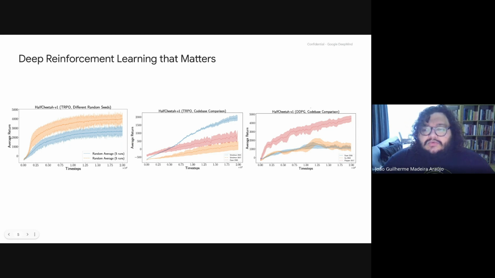The code base, okay, what are the code base changes? Literally different. So when you release a paper, sometimes you open source the code. These are 2 different papers, 2 years apart, by the same people, or at least the same first author. And they release the code for each one of those papers. And if you use TRPO from one of the papers and TRPO from the other code base, they give different performance.